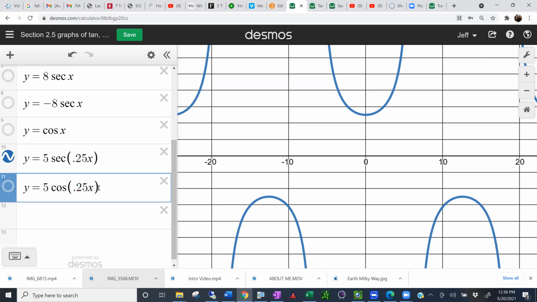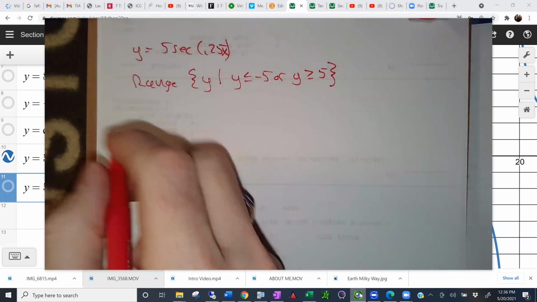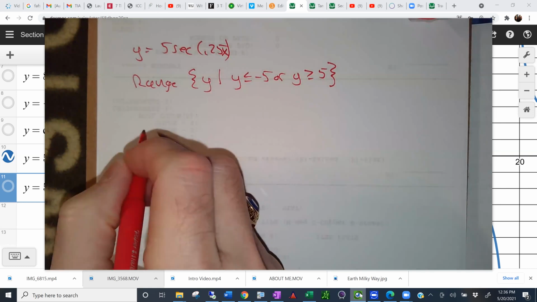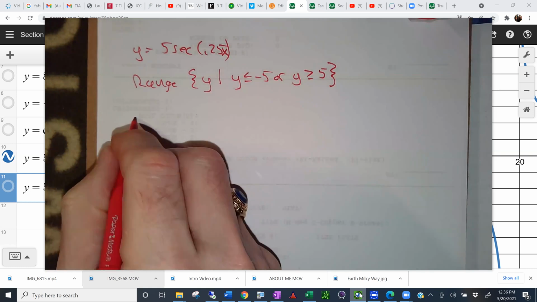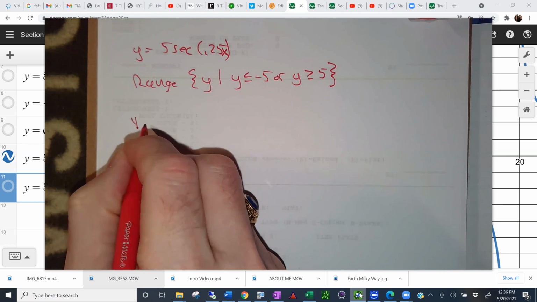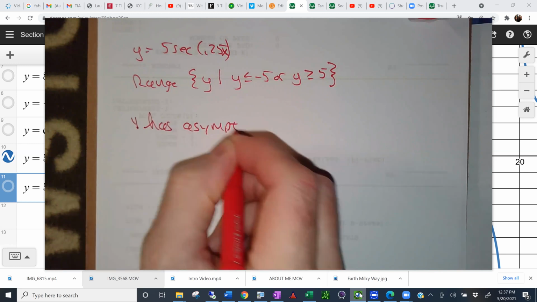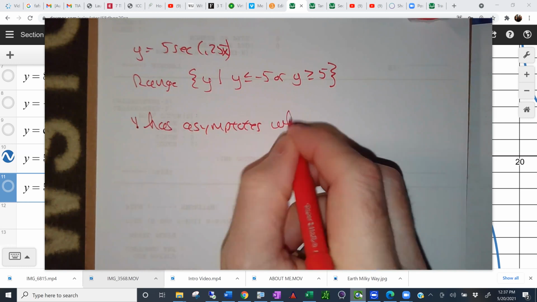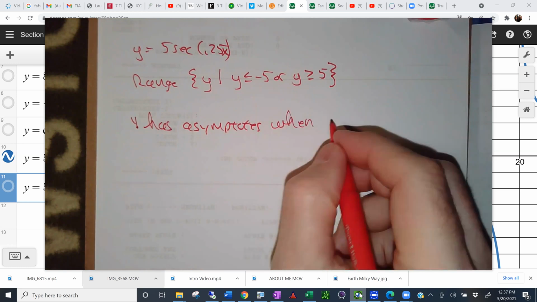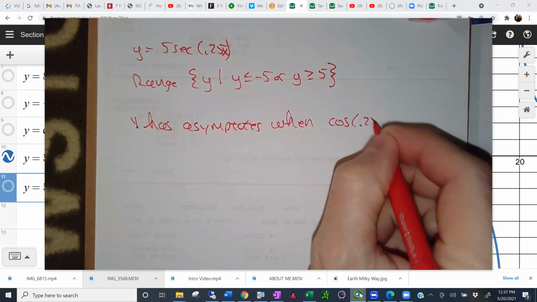When pi over 2 plus n pi. Yes. So at odd multiples of pi over 2. So this function is going to have asymptotes. So y has asymptotes when cosine of 0.25x equals 0.